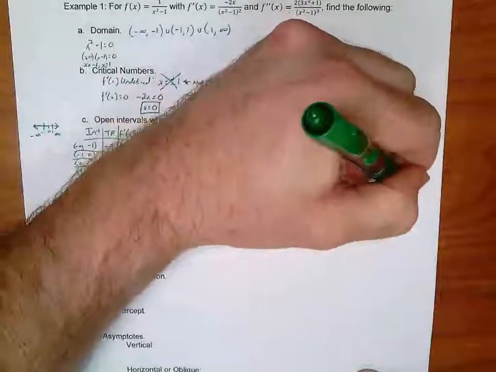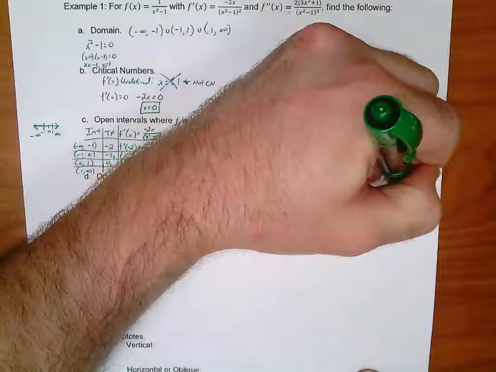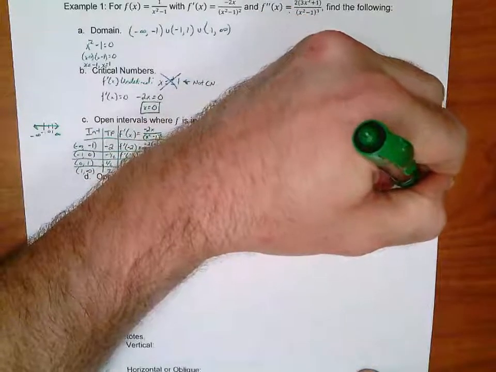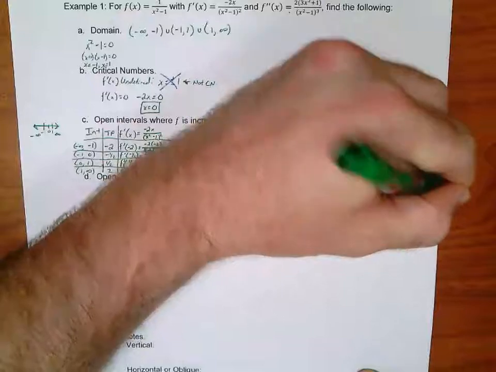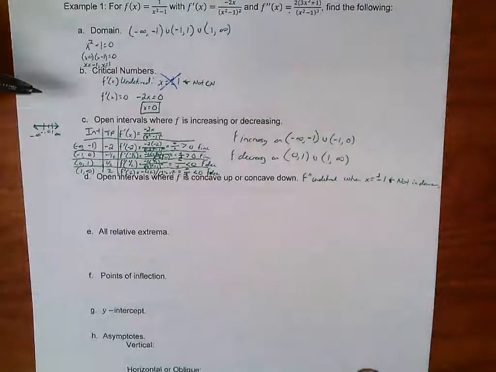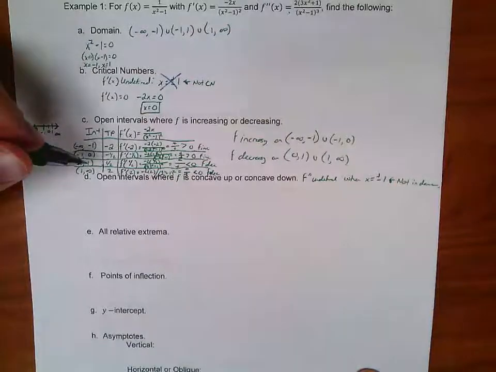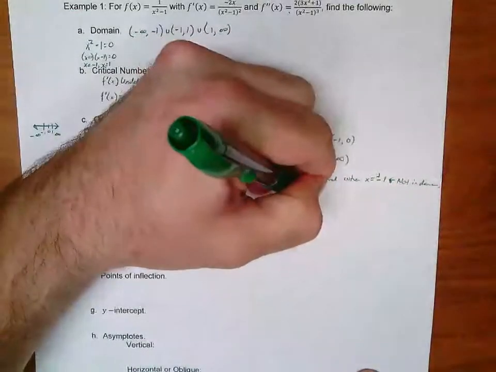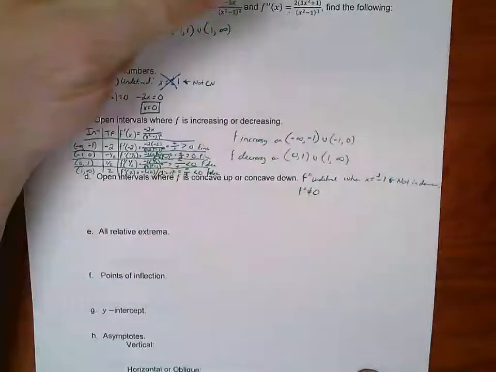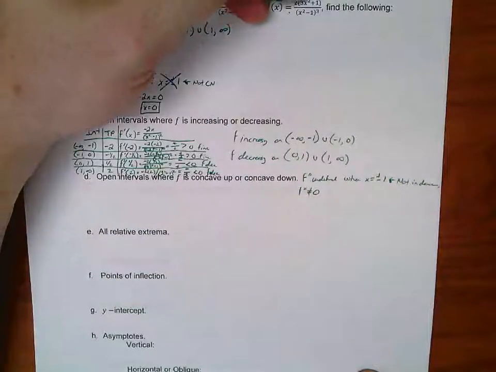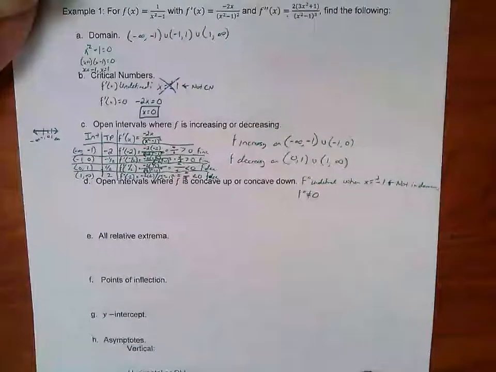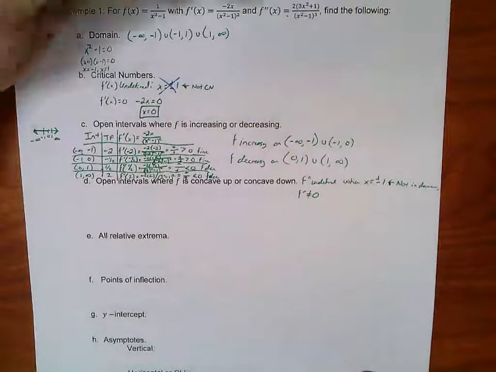But again, not in the domain of f, right? So we know these won't be points of inflection. And then f double prime of x equal to 0, so that is never going to equal 0, right? So if we set 2 times 3x squared plus 1 equal to 0, then the numerator is not equal to 0 in real numbers.